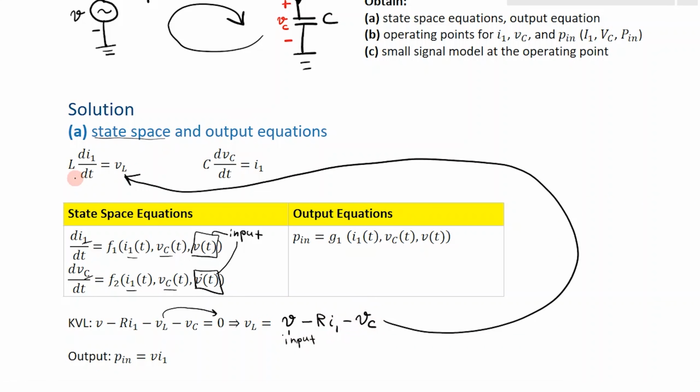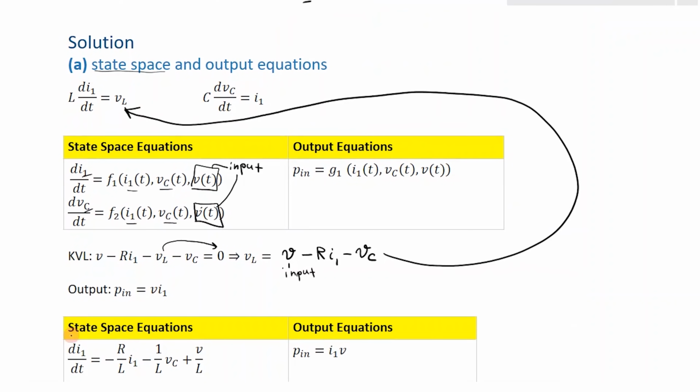So the next step would be to take this guy and this guy divided by L and C. What we'll get is this. On the left-hand side, we'll have di1/dt equals, then you see this L ends up being in the denominator of everything.